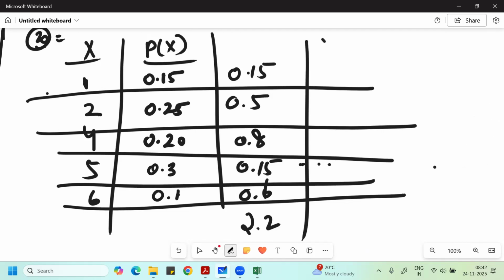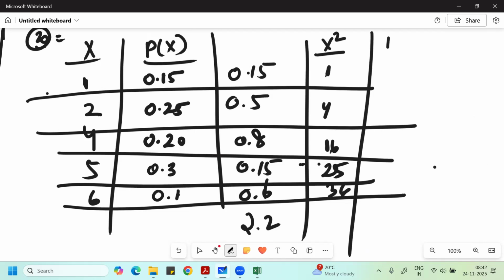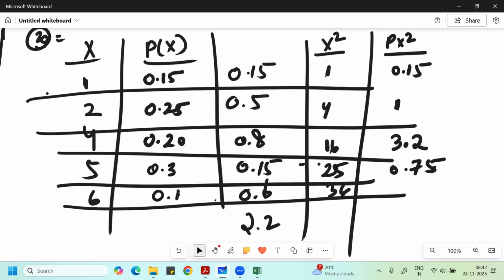And then you can get x square. X square is 1, 4, 16, 25, and 36, multiplied with probability, p into x square. So 0.15, then 0.25 into 4 is 1, and then 0.2 into 16 is 3.2, then 25 into 0.03 is 0.75, and then 36 into 0.1 is 3.6.